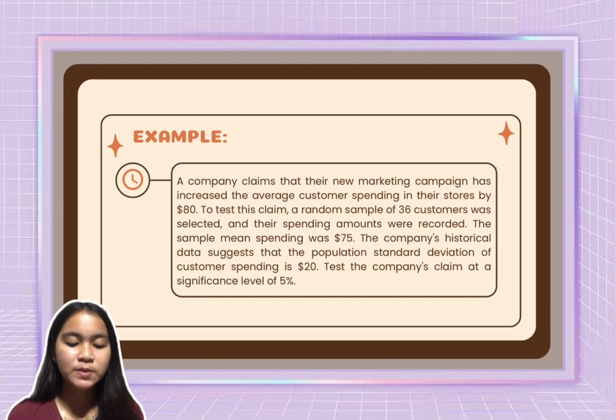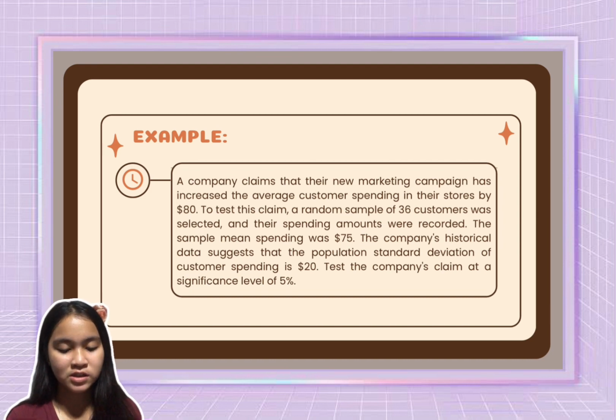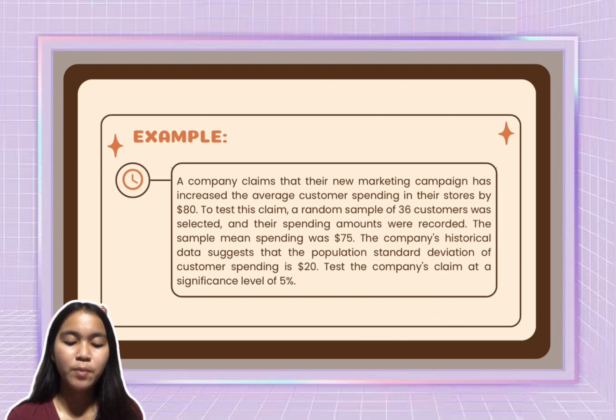The sample mean spending was $75, while the company's historical data suggests that the population standard deviation of customer spending is $20. Test the company's claim at a significance level of 5%. So that's the example that we are going to solve.